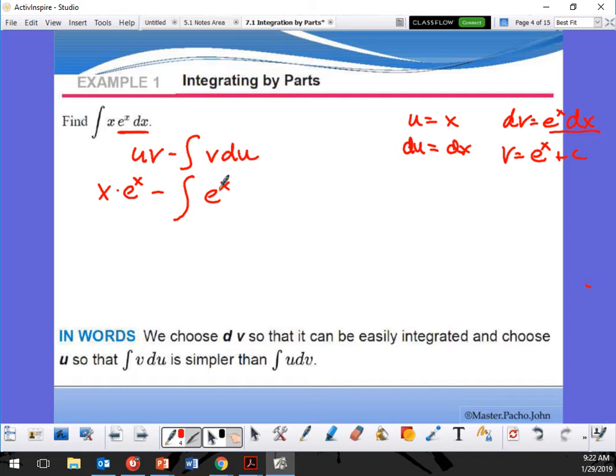I changed that one right there. So now that one's going to be my dx. My du is my dx, because I took the derivative of it. When I actually deal with bigger numbers, this is going to make a lot more sense.